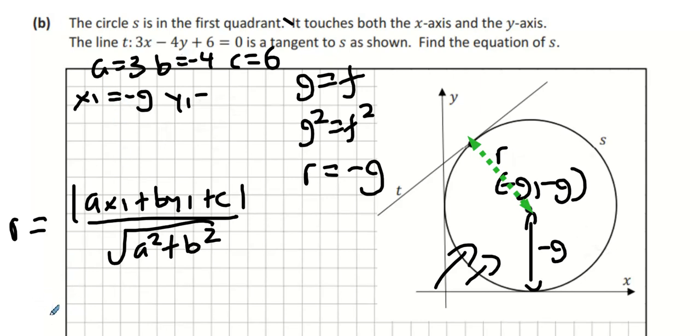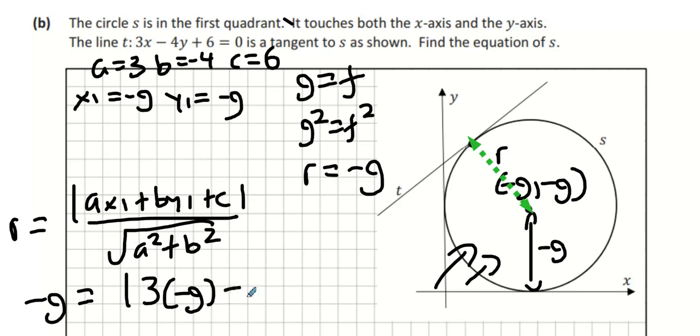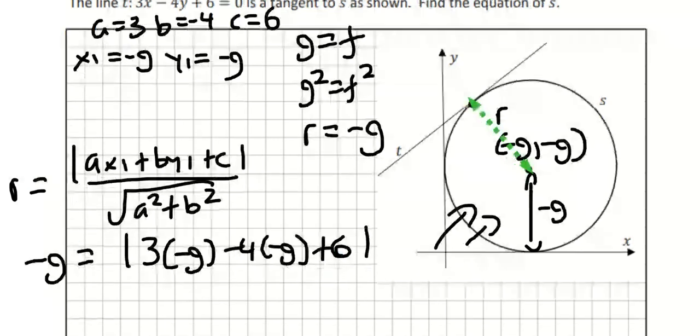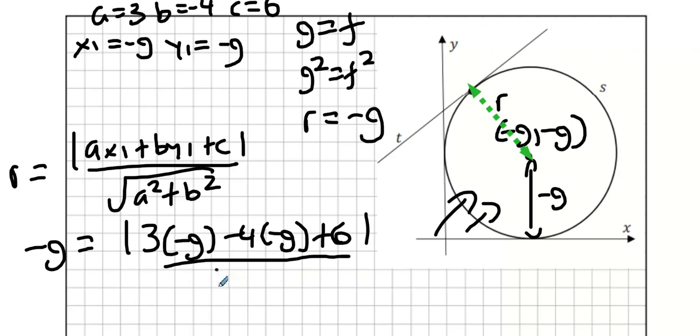All right. Next thing we're going to do, we're going to change r with minus g. I actually saw a mistake in the marking scheme here, which was interesting for once. So 3 times x1, x1 is minus g. The y1 value is also minus g. Minus 4 times minus g plus c, 6, all over a squared plus b squared, which is 3 squared plus minus 4 squared.